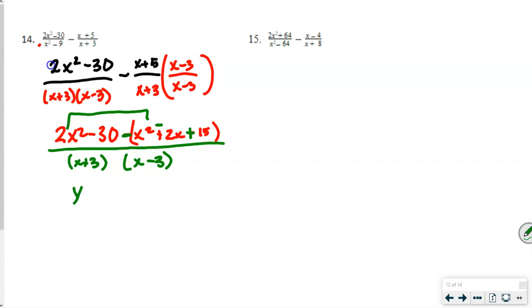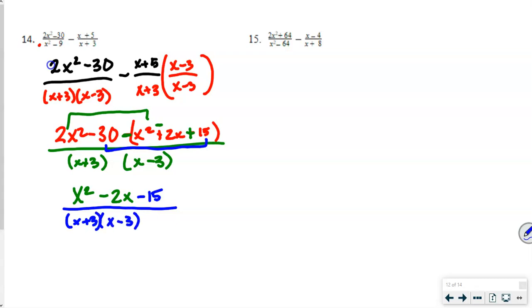So that's going to give us x squared. And then we've got our negative 2x. Only had one of those. But then we've also got the like terms of negative 30 plus 15, right? So that's going to give us minus 15. That's all still going to be over our x plus 3 and our x minus 3.